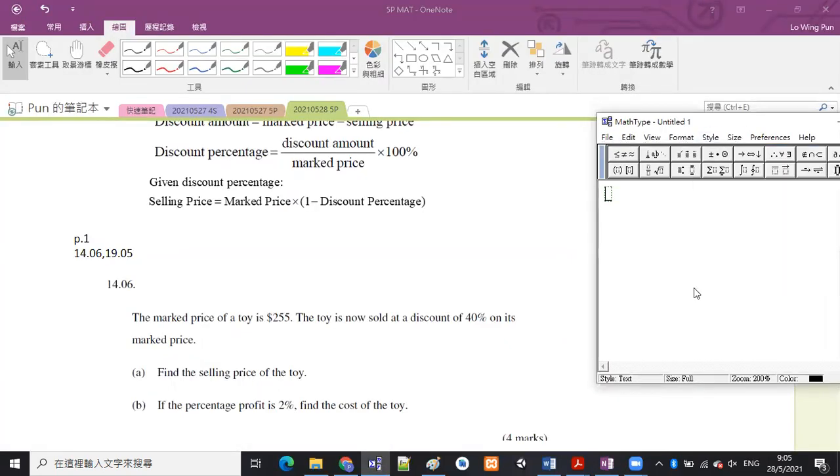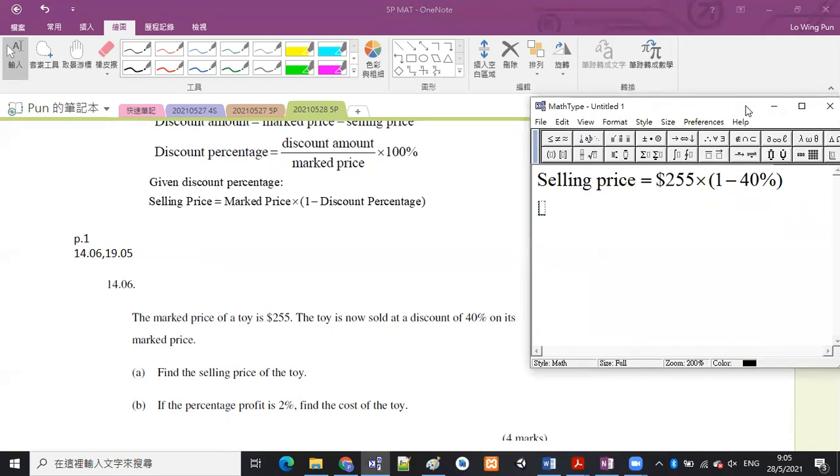Selling price should be equal to the mark price. Mark price is given to be $255 and then times bracket 1 minus 40%. I don't have a calculator. 153. Yes, thank you very much. Should be $153.